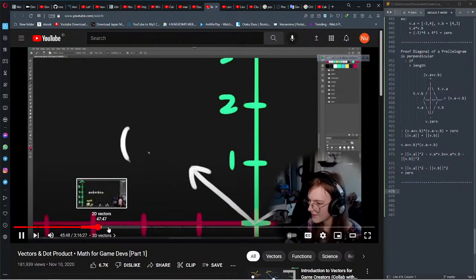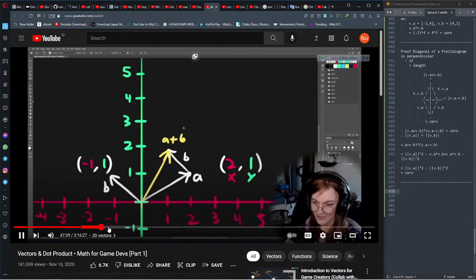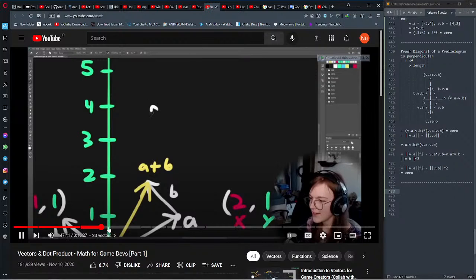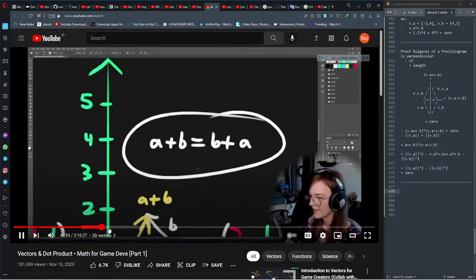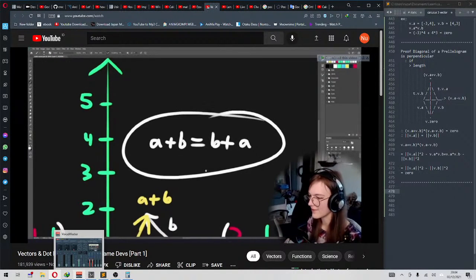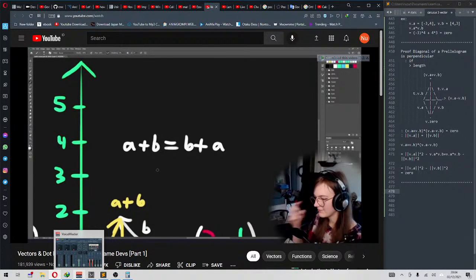Now one thing that's nice about looking at it this way is that if you have some value like a plus b, this is actually equal to b plus a. This might seem kind of trivial, well, of course that's the case, right? Well, why would it not be?